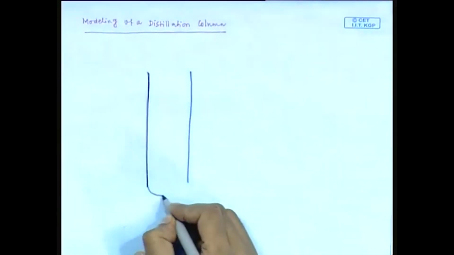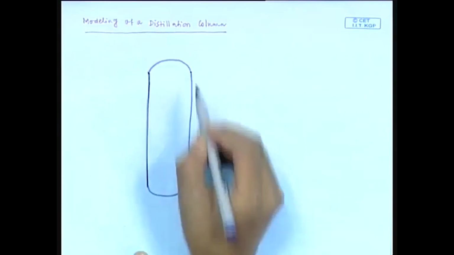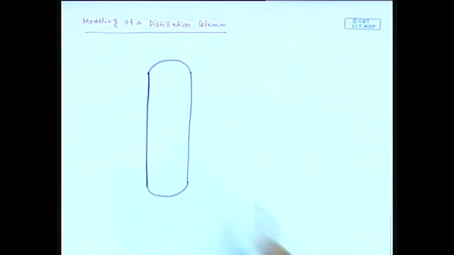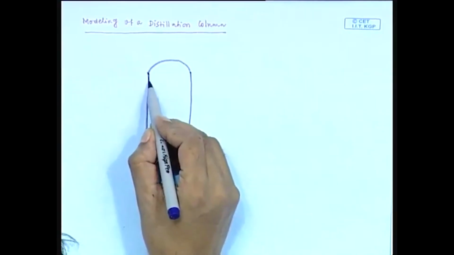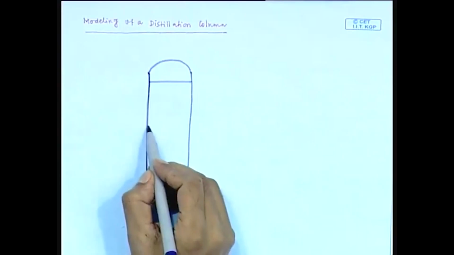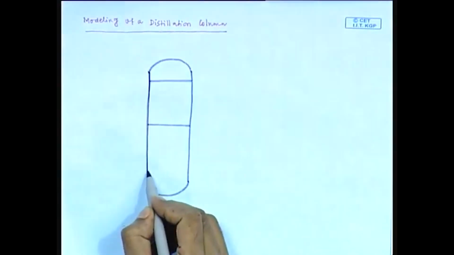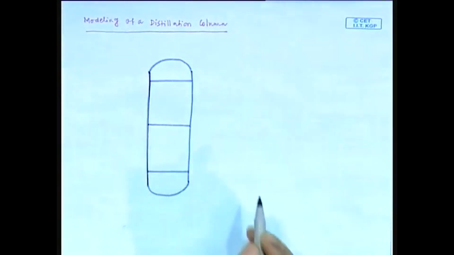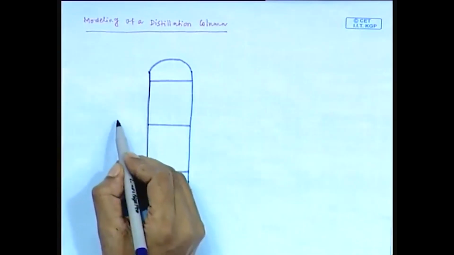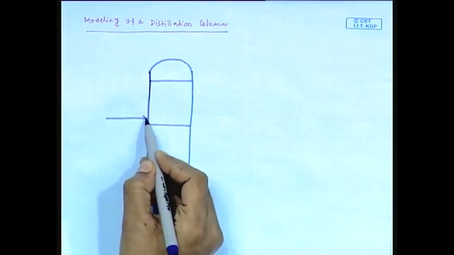This is the tower column section. This is the top tray. This is the feed tray, and this is suppose the bottom tray. Now, feed is introduced to this feed tray.